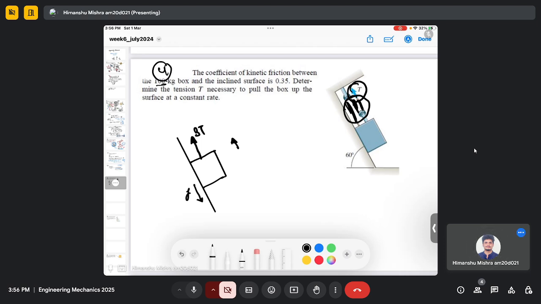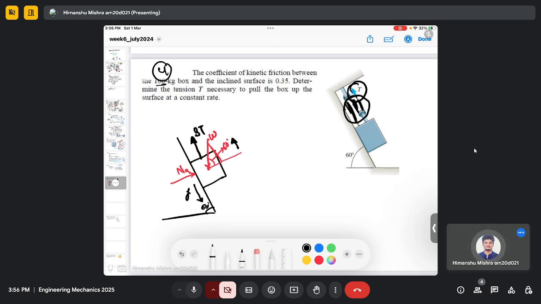Let's say this small f. Then there will be a weight always in the vertical direction. This is 60 and this is my weight, and there will be a normal reaction. Let me define this by NA, because otherwise there will be confusion between Newton and N.